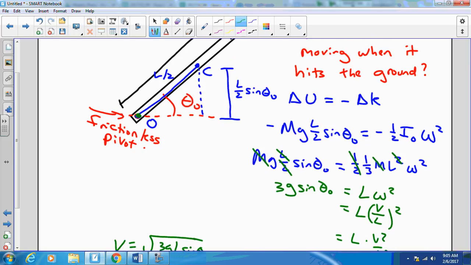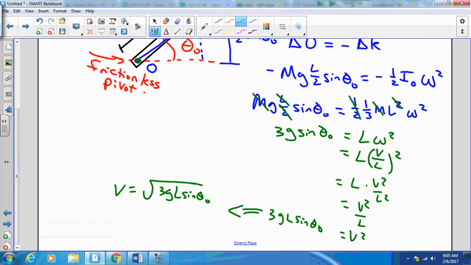Okay, now I want to observe a couple of things about this result. First of all, observe that this result is greater than the result we would have gotten if point P were just a ball dropped from a height of L sine theta.